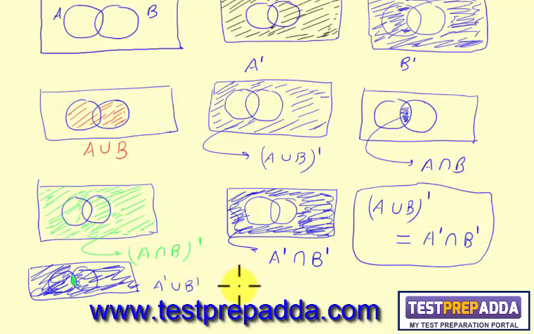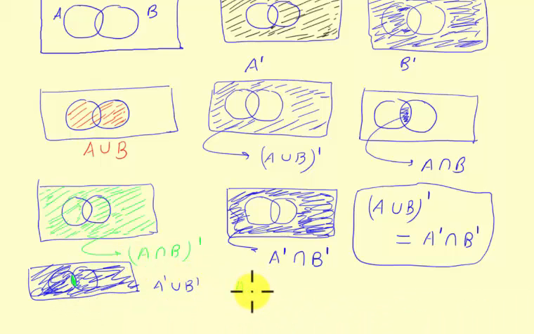That is why we can write the complement of A intersection B is equal to A dash union B dash. Another very special conclusion.